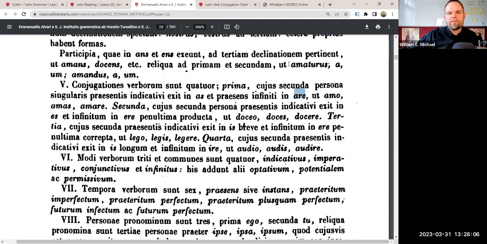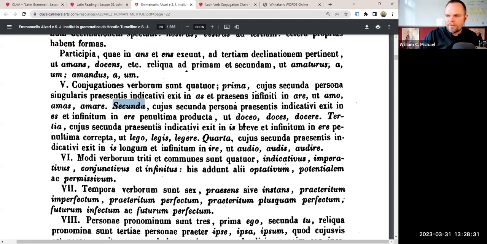That's why when I retype these lessons, I usually turn those into capital letters just to make it clear. So if the present infinitive ending is ARE, like amare here, it's first conjugation, all right? The vowel in the endings is A.